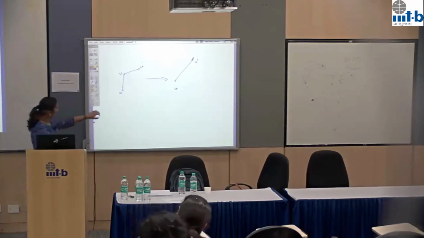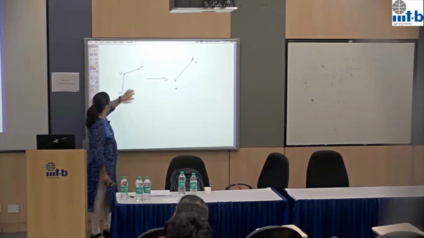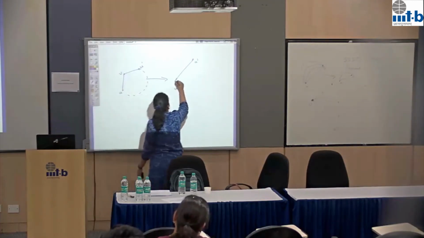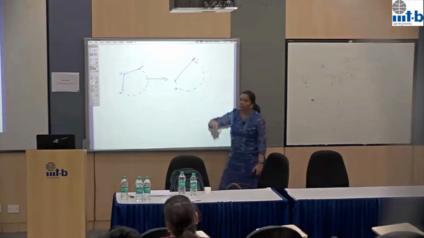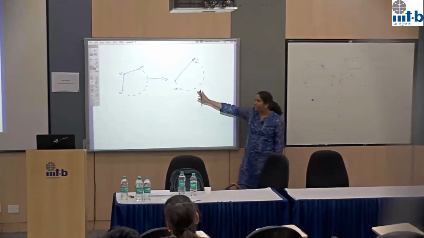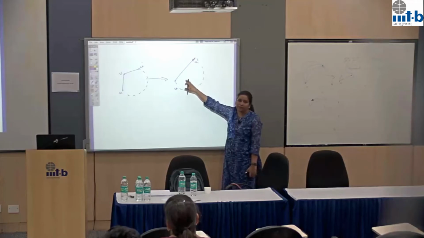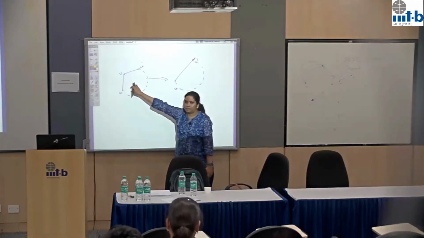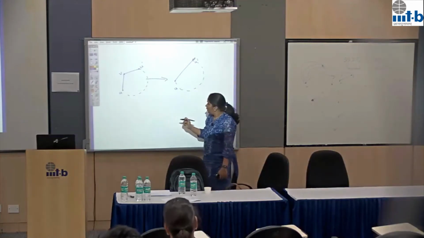You have some cycle like this. In the reduced instance you will hit this cycle, so you take care of this cycle, and in the original instance it is taken care of as well.